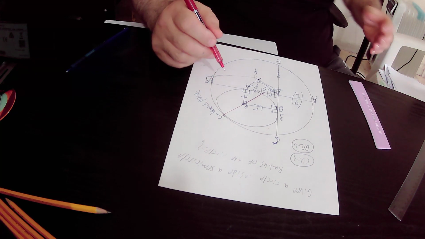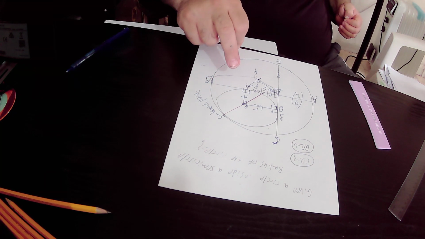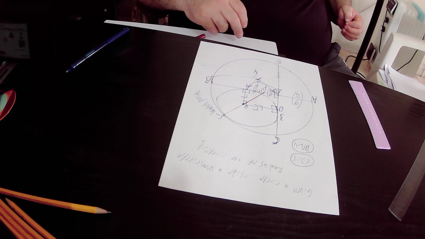So according to rule number 2, points P, Q, and S are located on the same straight line. Okay?